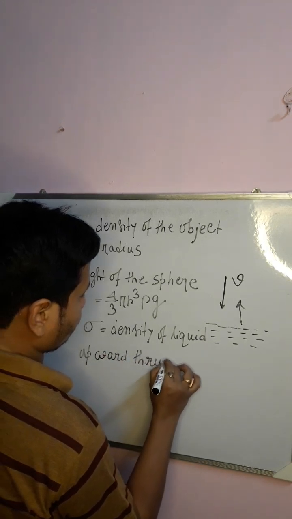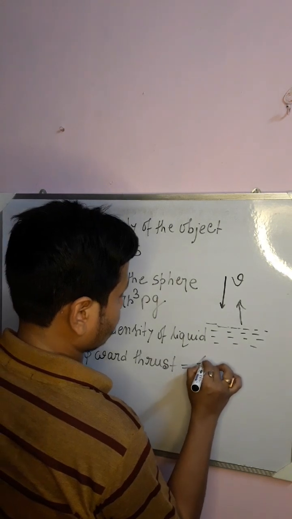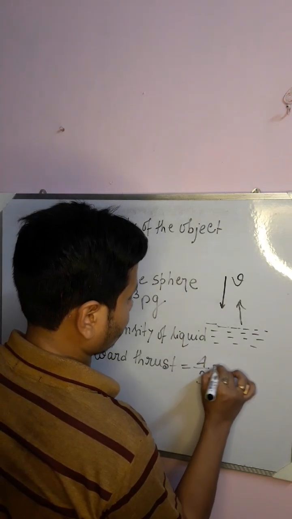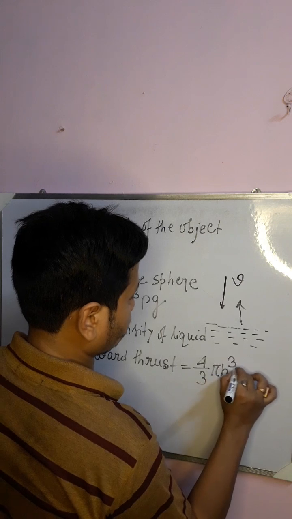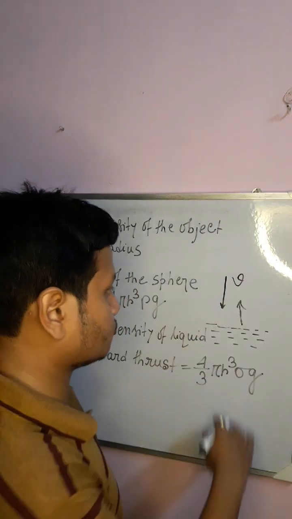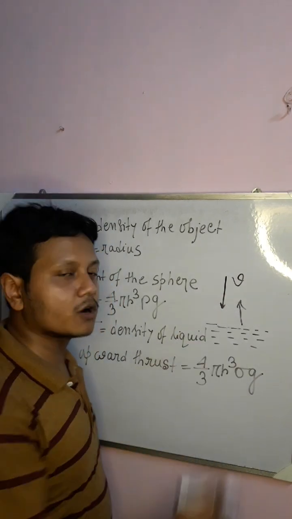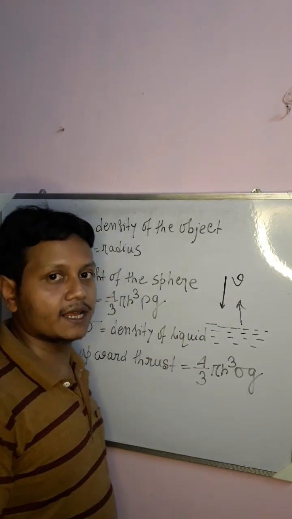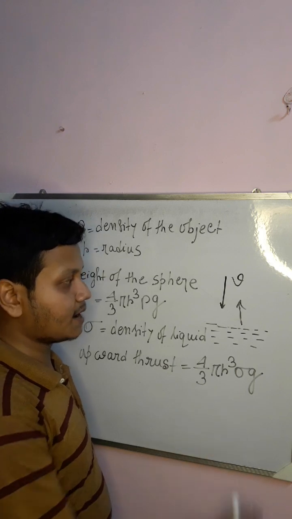This is simply 4/3 pi r cube sigma g. When it falls through the liquid it exerts an upward force, and if sigma is the density of the liquid, then this is the upward thrust.